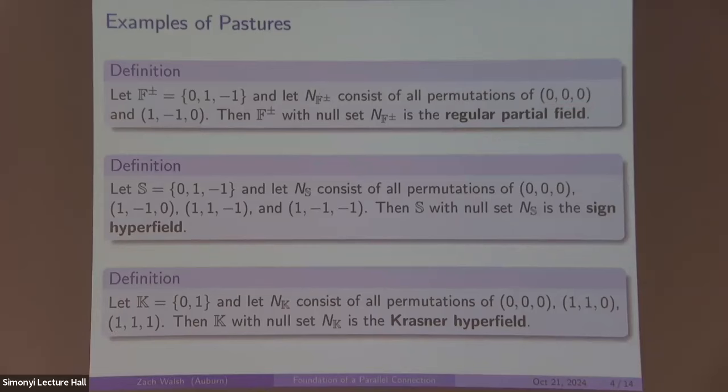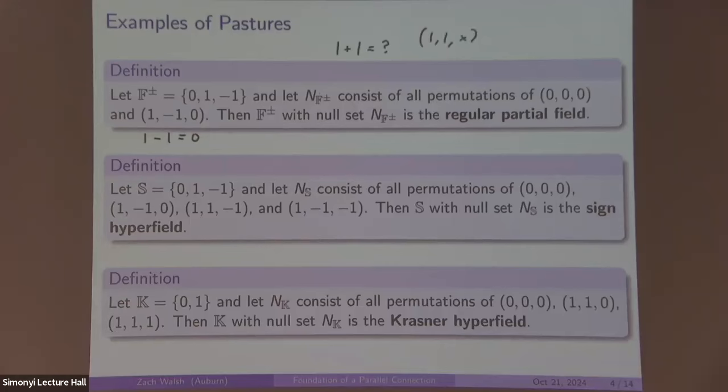So what does this mean? Roughly, it means that 1 - 1 equals 0. I know how to add 1 and -1, but I don't know how to add, for example, 1 + 1, because there's no triple of this form.